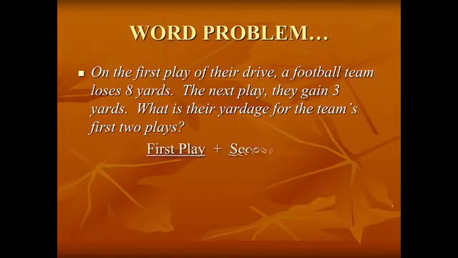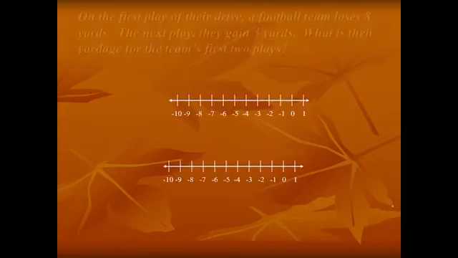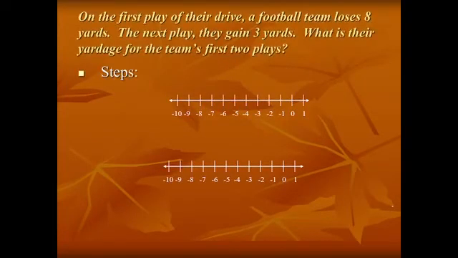Now, I'm going to be using this concept. The first play plus the second play. The first play is negative 8. The second play is 3. Now, using the number line, step number 1, start at 0. So, I'm going to be starting at 0. When using the number line, always start with 0.